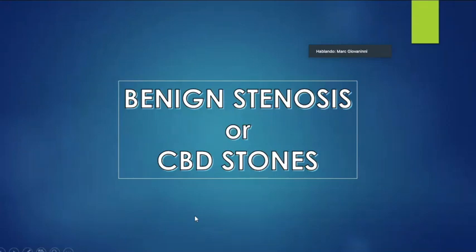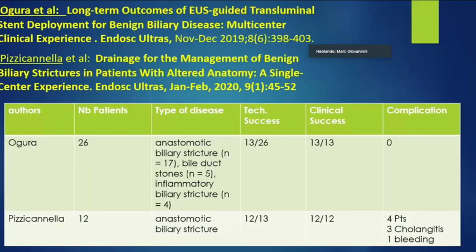It's different because we face a patient with a benign disease, and there are very few papers in the literature. There are only these two papers, one from Japan, and this one from our unit, and you see the use of EUS is mainly in patients with altered anatomy.